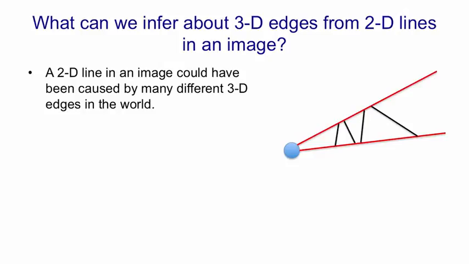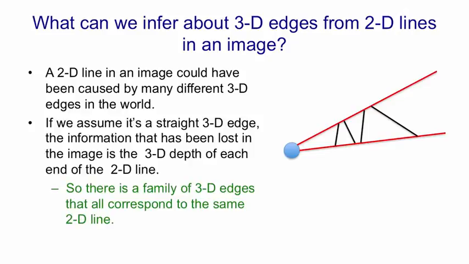We know the end is somewhere along the line of sight, but we don't know the depth. So if we assume that a straight 3D edge in the world is the cause of a straight 2D line in the image, then we've lost 2 degrees of freedom of that 3D edge, its depth at each end. So there's a whole family of 3D edges that all correspond to the same 2D line.